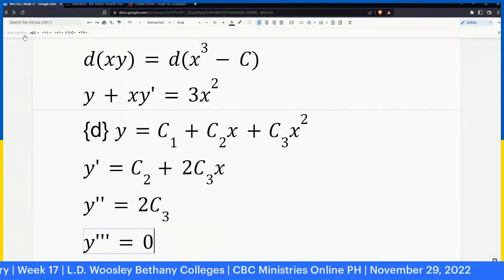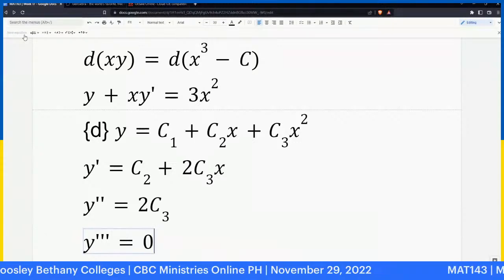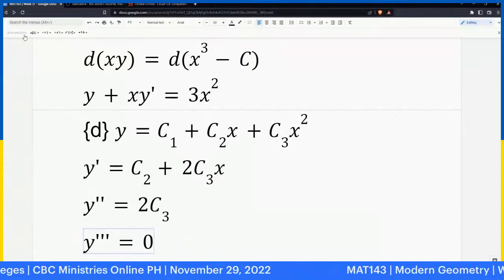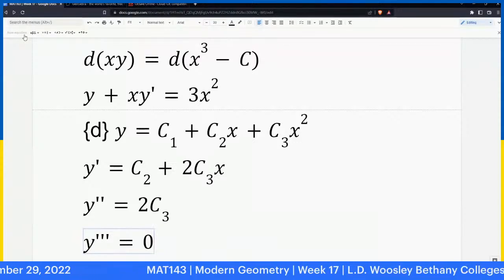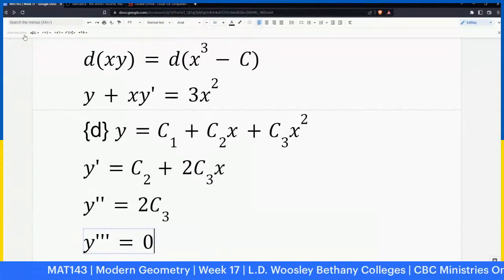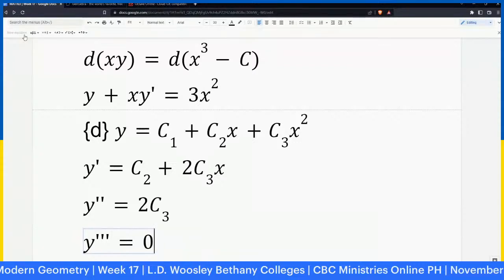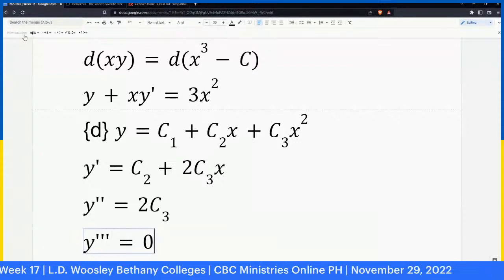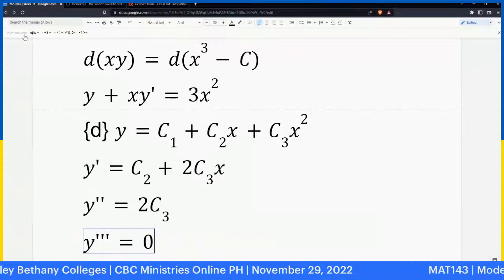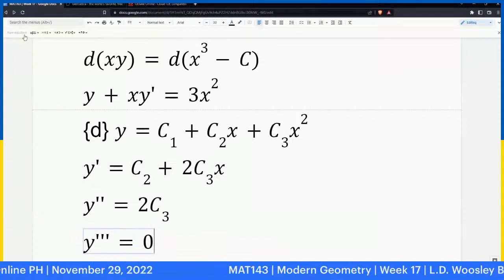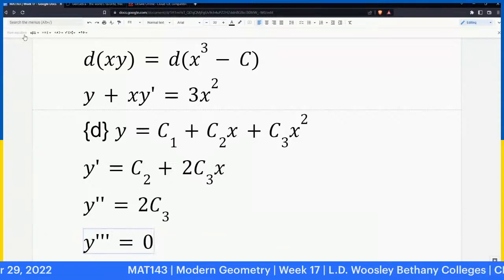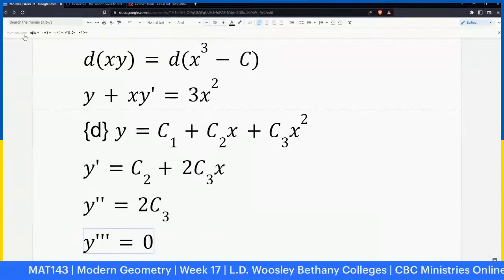Because 2 and c sub 3 are constants, the derivative of a constant is 0. So here, wala nang constant. Therefore, that's already a solution. That's already an answer. Okay? Make sense, Michaela?